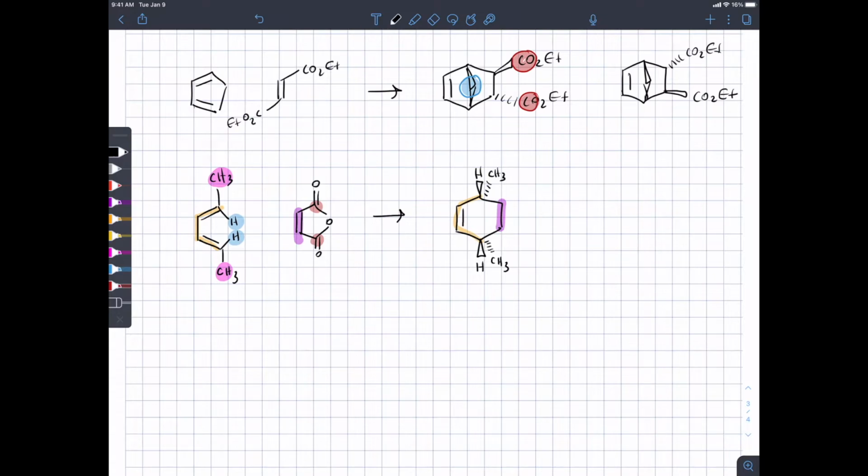And then we can show either the red groups on the olefin, on the cis olefin, being on the same side as the inward stuff from the diene. And if it were on the same side, we would call that exo, or alternatively, we can draw the red substituents on the olefin going in the opposite direction, downward.